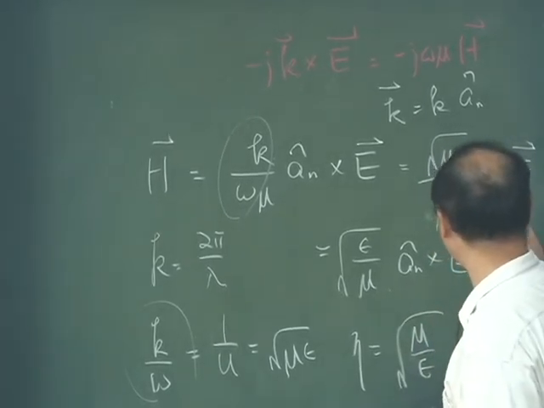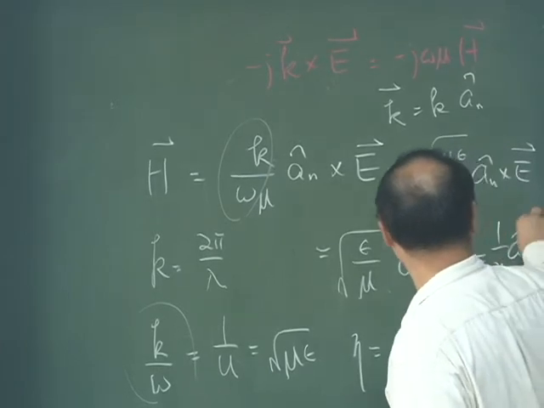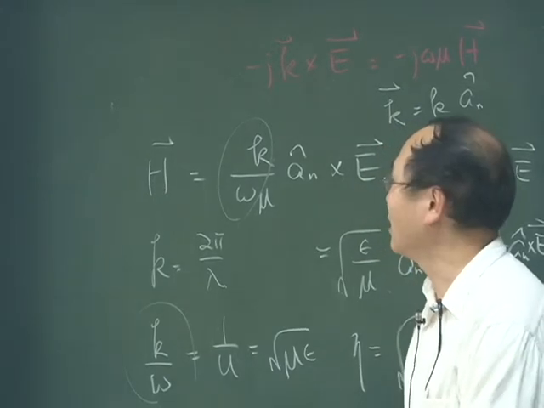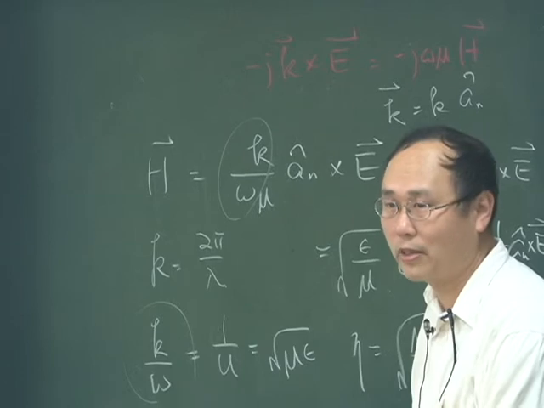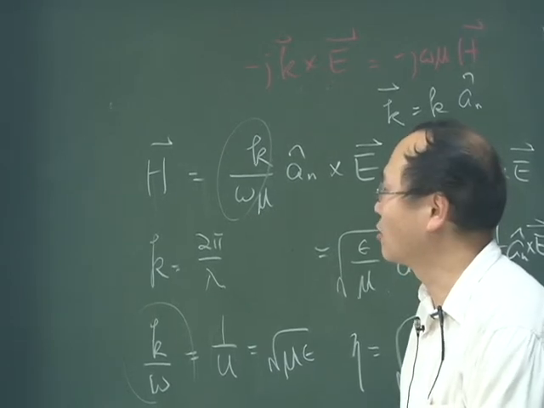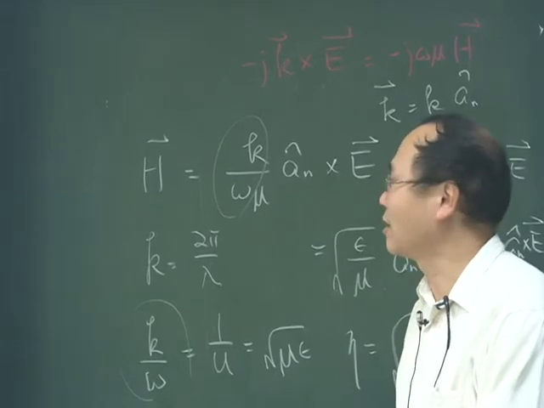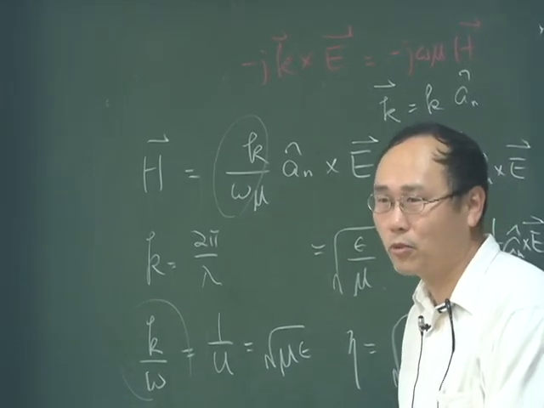So you end up having 1 over eta, an cross with E. Okay, and this eta is equal to 377 ohm in vacuum, and it's called the intrinsic wave impedance. Again, this is the result you learned already in chapter 1.